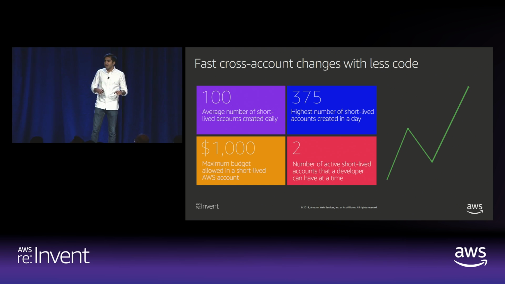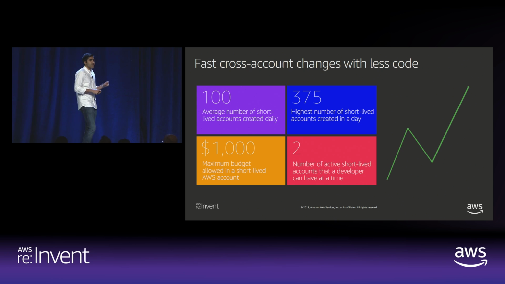On an average day, we see around 100 temporary AWS accounts created across the company. We've also had days where that number is significantly higher. For example, sometime earlier this year, we had 375 temporary AWS accounts created in a single day to facilitate a workshop. I'd also like to mention that at any given time, we have around 2,000 temporary AWS accounts that are open and active.